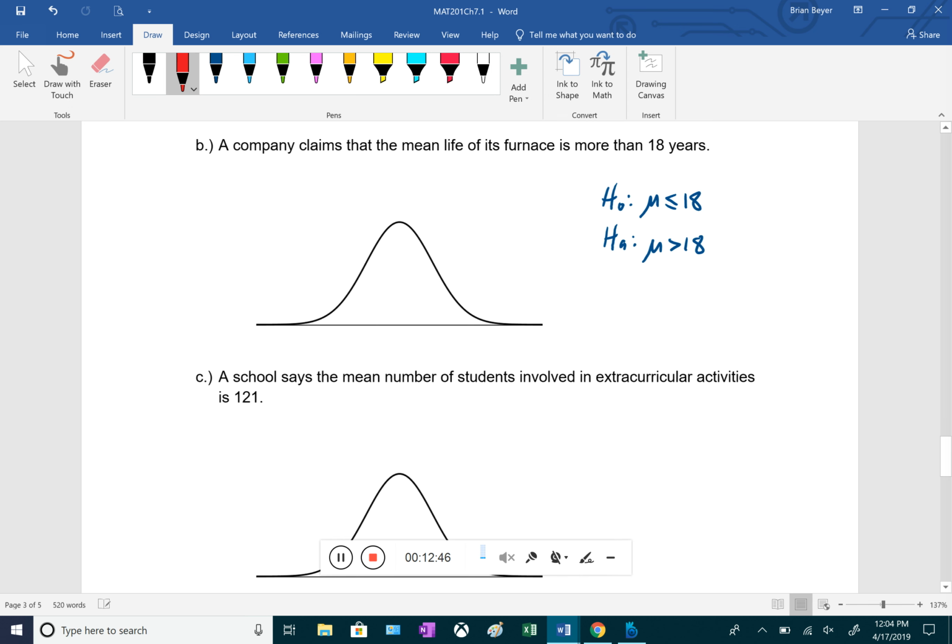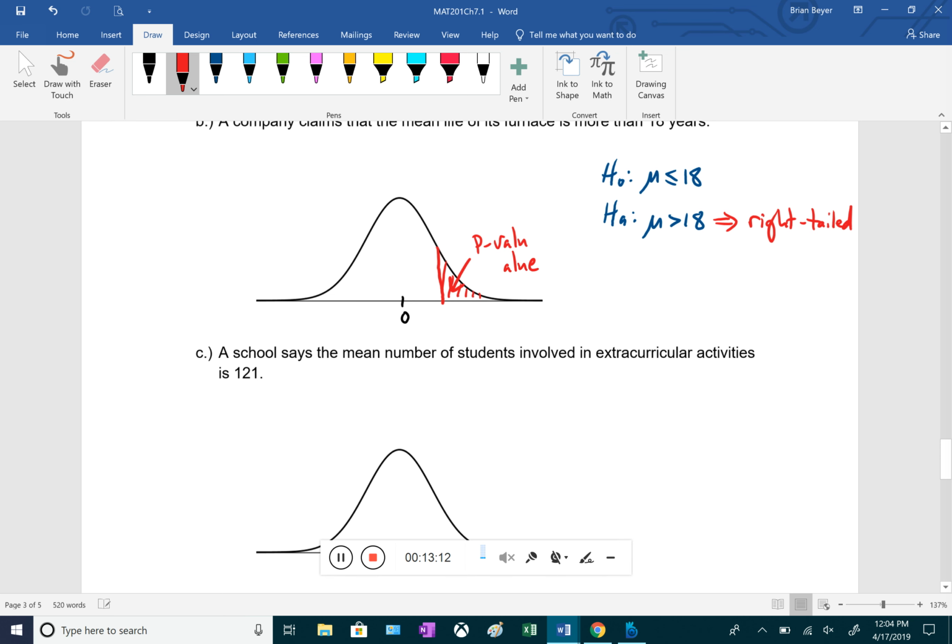So based on the alternative, since that's mu greater than 18, it is a right-tailed test. So that means when we are filling in the area, that's going to be an area to the right because it's right-tailed, and the area inside there is going to be the p-value.